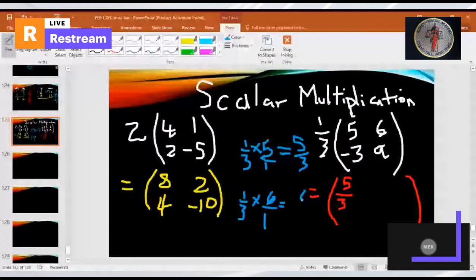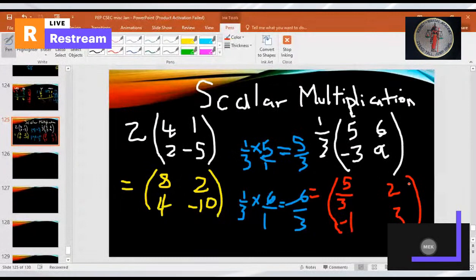So for that one, we would have 2. 1/3 times -3 would give a -1. Using the same format, we get a -1. 1/3 times 9 would give a +3. So that's our answer for this one: 5/3, 2, -1, and 3.